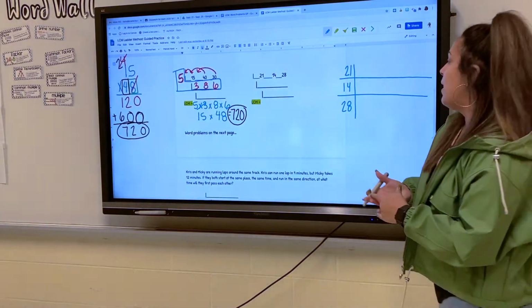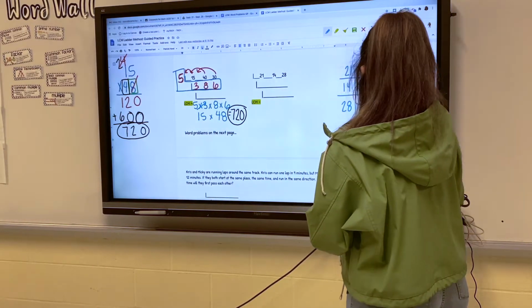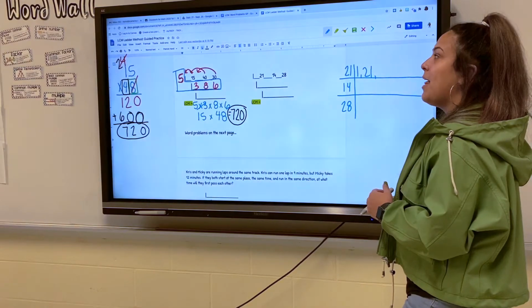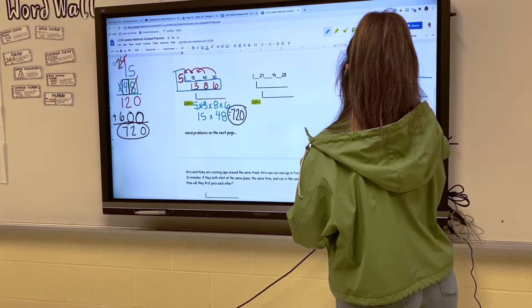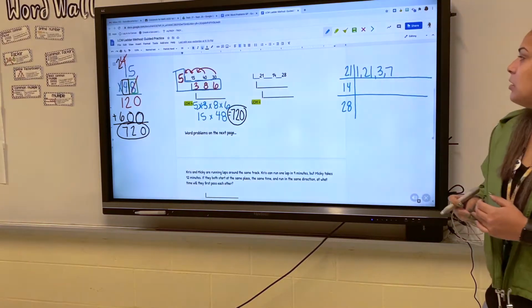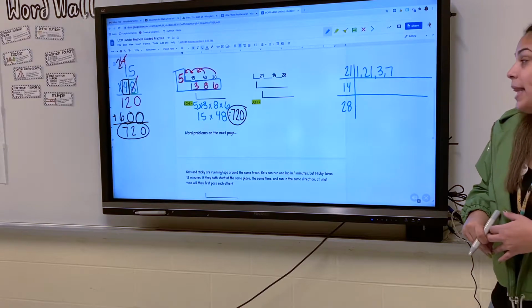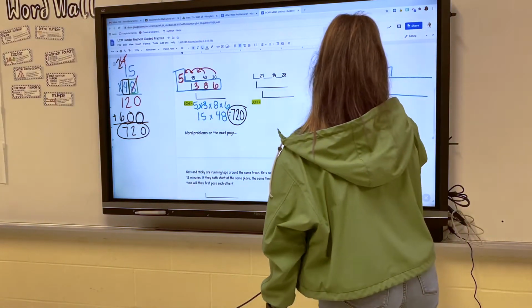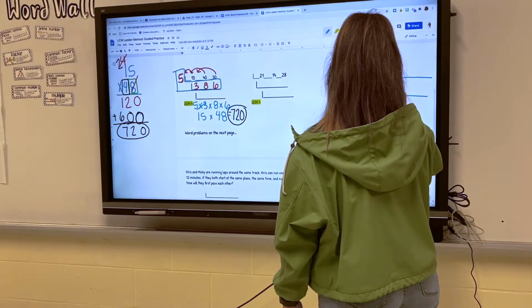First one that comes to mind automatically for 21 is 1 times 21. And then probably one of the easiest facts, 3 times 7. And that's all I can multiply to give me 21. Let's do 14. I have 1 times 14, and then 2 times 7.